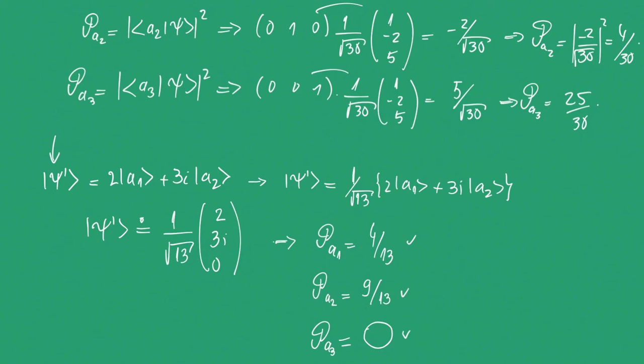In our case, we can interpret the quantum state as ket psi prime equals 2 A1 plus 3i A2 plus 0 A3. Therefore, if the coefficient is 0, there is 0 chance to find the ket that comes with it. In this case, ket A3.